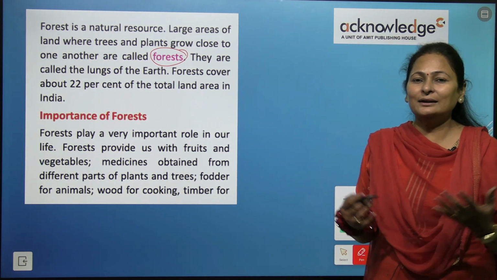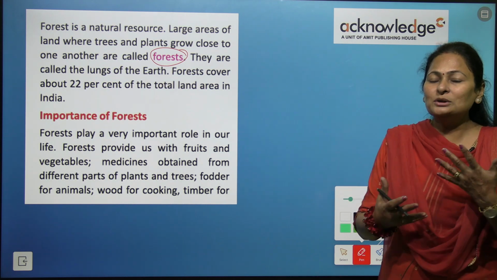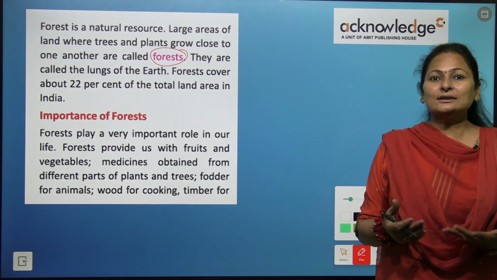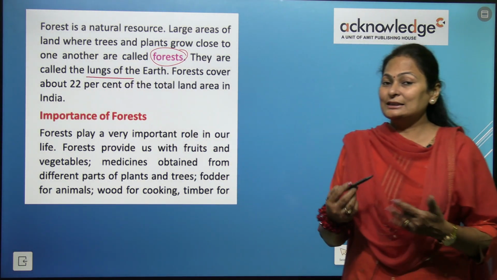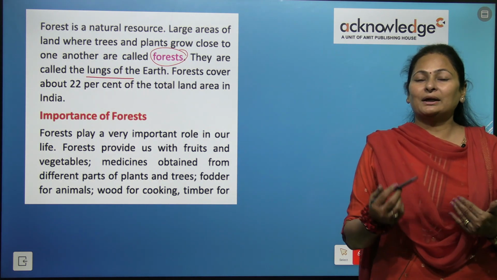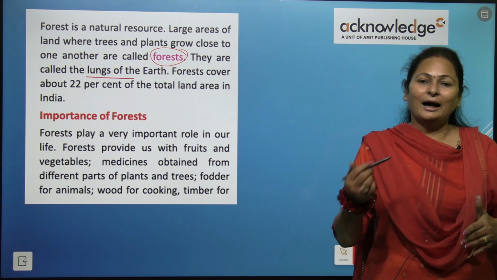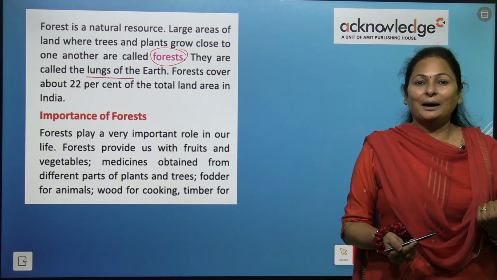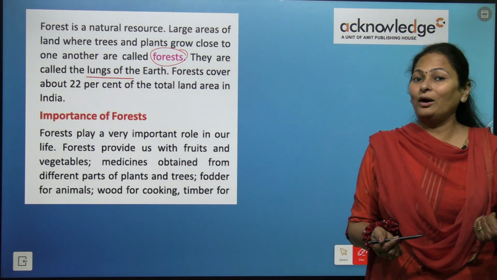Forest means jungle. In it, plants and trees grow very closely, right? They are called the lungs of the earth. Lungs of the earth, well said, because plants breathe, so we breathe. Plants take in carbon dioxide and release what?